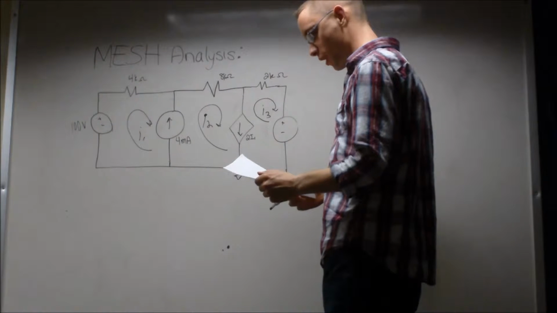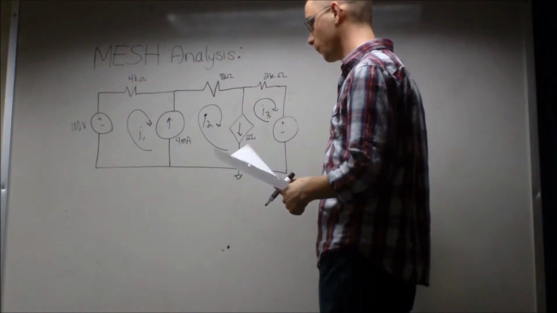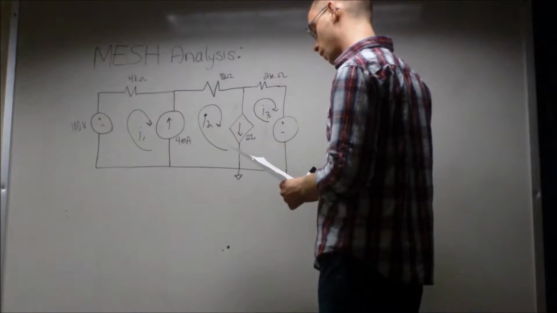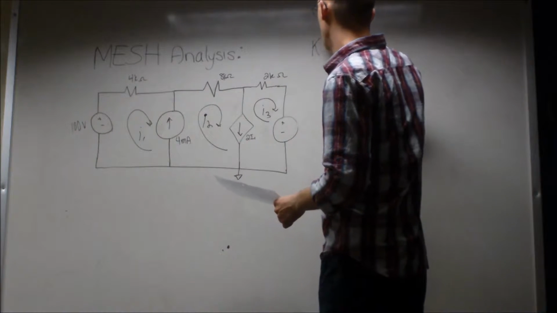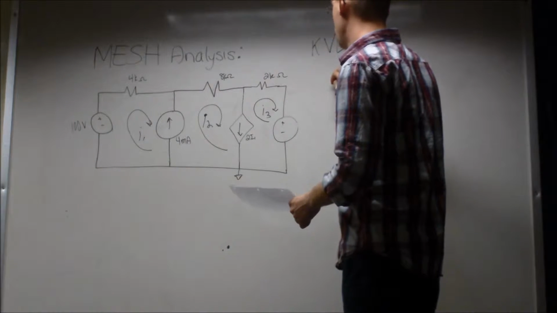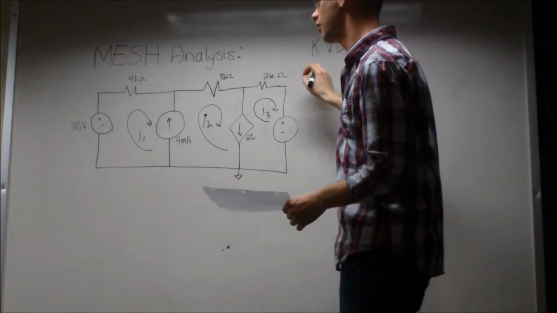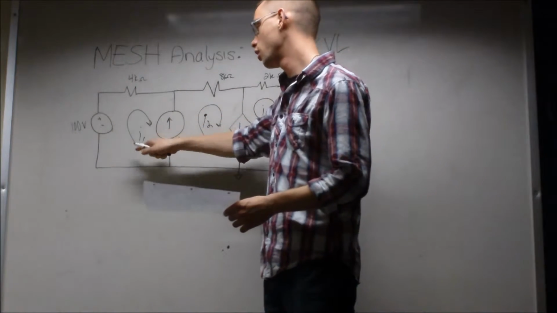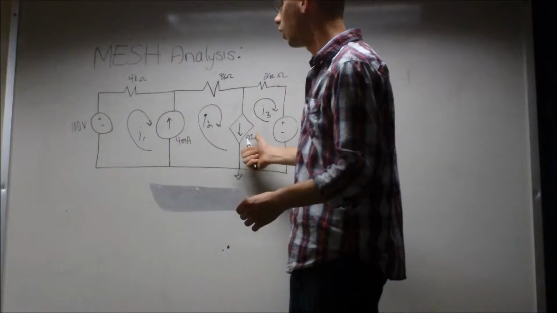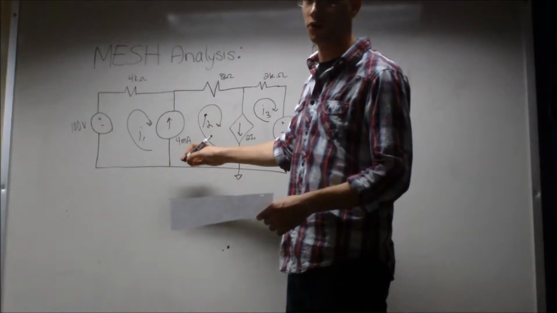So getting back to the fundamental basics of mesh analysis. Mesh analysis is derived from something called Kirchhoff's voltage law, or KVL for short. Basically, that states that the voltage in any given loop in a circuit will have a net voltage of 0.